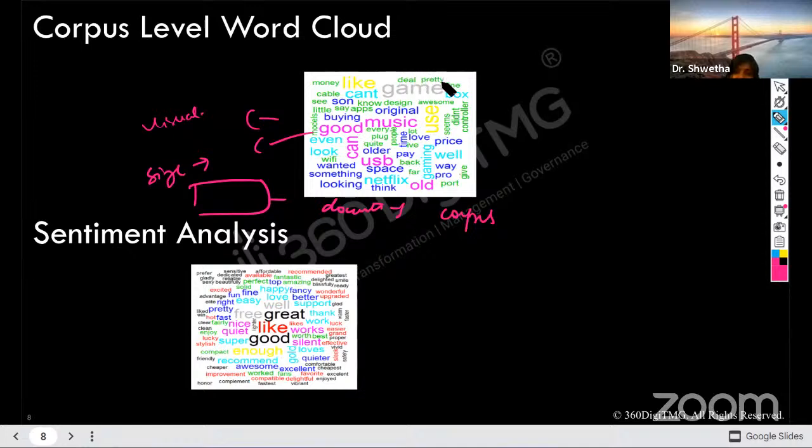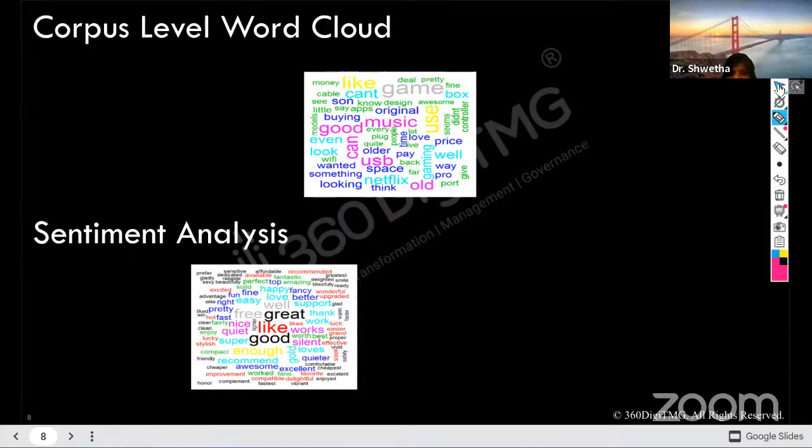Larger the size, the more frequent was the word used. So, corpus level word cloud. We can build a word cloud to get a quick analysis of what people are talking about. The music, space, USB, game, all this is people talking about the Xbox.